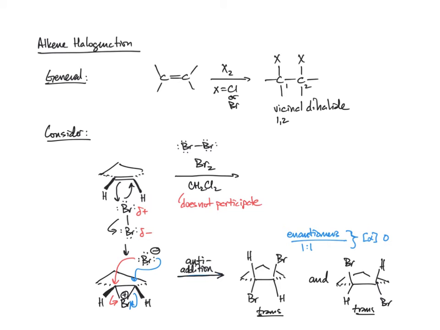So this one's R. Because these are enantiomers, if this is R, then this, the mirror image carbon, has to be S. So then what about this one right here? The CIP, Cahn-Ingold-Prelog, is this R or S?